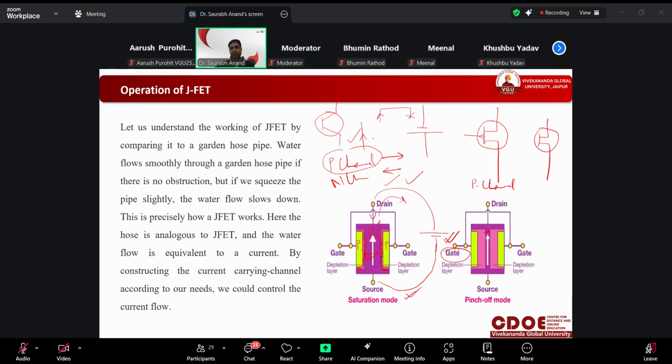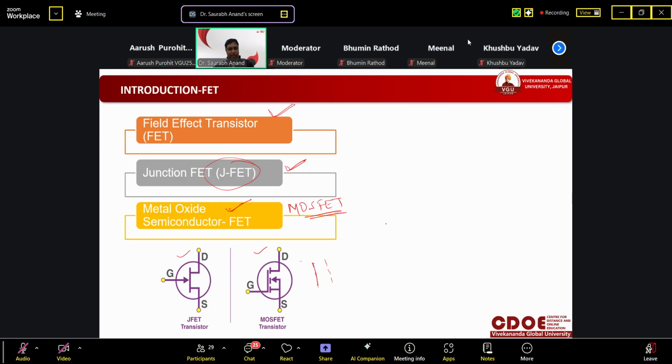In N channel, it was inside, so it will be here. In JFET, we draw the arrow at the gate terminal. So this is gate, this is drain, this is source. So this is N channel.